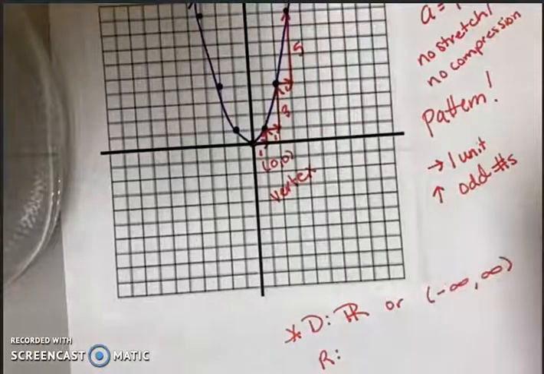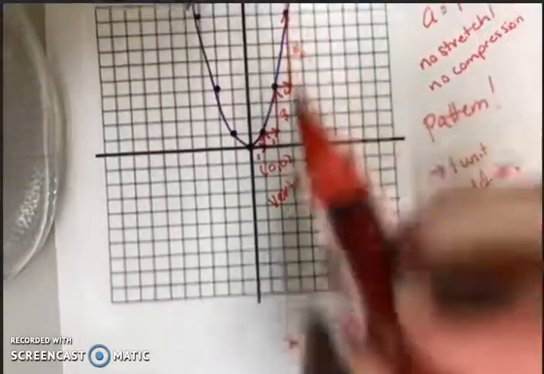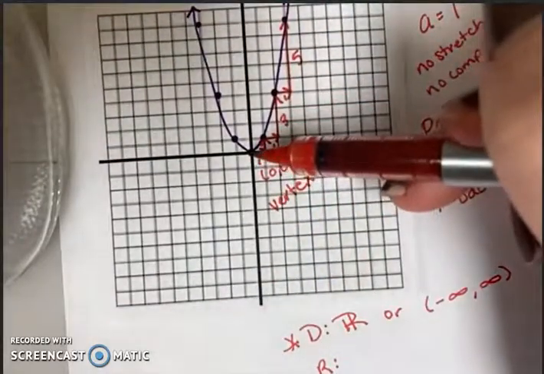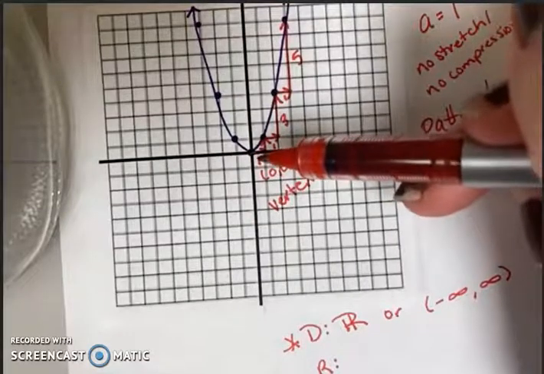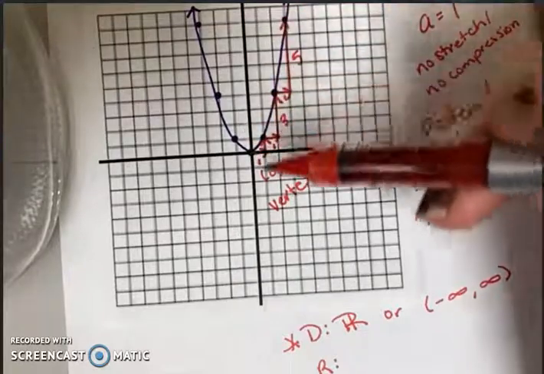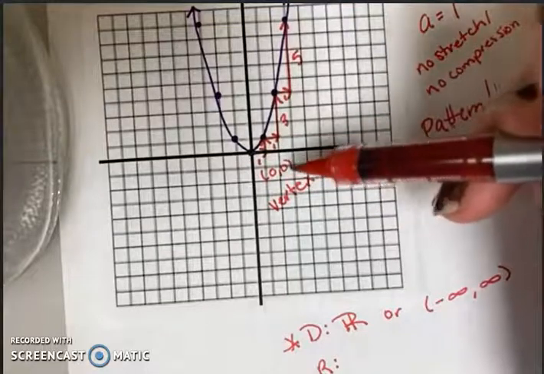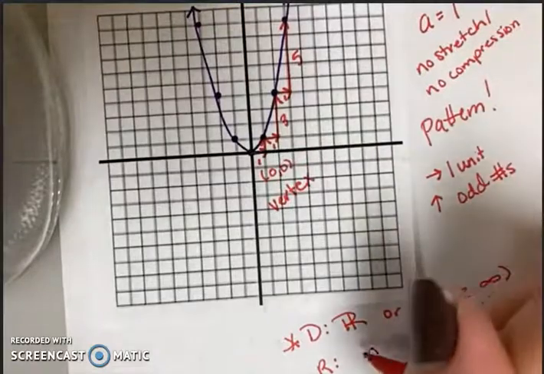The range, however, is restricted, and it's restricted because there's a max or a minimum value. In this case, we have a minimum. Range must be written down to up, so the lowest point of my graph is here with a y value, because range is y, a y value of 0.